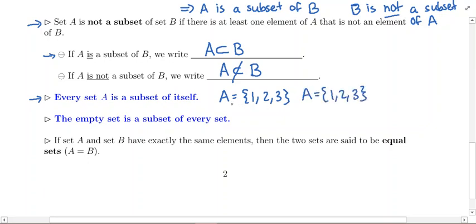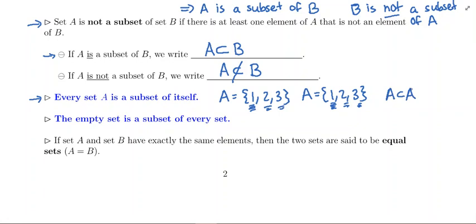Every element of A is also in A. If 1 is in A, it's also in A. If 2 is in A, it's also in A. If 3 is in A, it's also in A. So A is a subset of itself. It's kind of an interesting idea, but it's true by definition. Every set is a subset of itself.